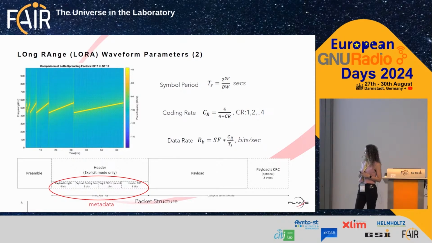And you can see the formulations for symbol period, which is the chirp duration, coding rate, data rate, etc. And the packet structure is as follows, as I mentioned before. And the header carries the metadata, for example, payload length, what the coding rate is, etc., these kinds of information.